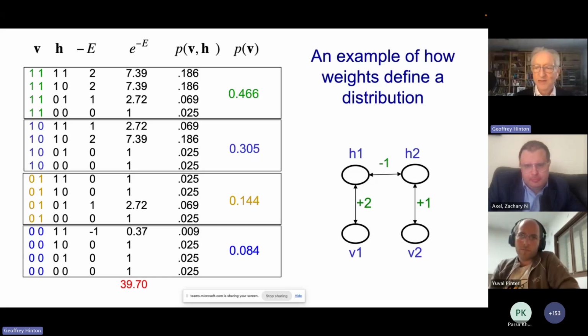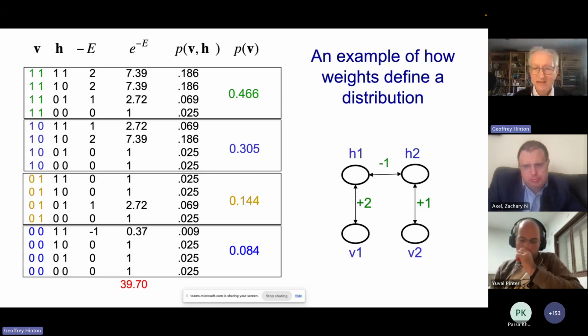You add them all up, and the probability that this Boltzmann machine, if you run it to thermal equilibrium, would exhibit the state 1, 1 on the visible units is 0.466. And if you implement this and try it, yeah, it's roughly right. 0.466 of the time when you sample it at equilibrium, you'll see a 1, 1. Seeing a 0, 0 is going to be much rarer. You'll see that about 0.084 of the time.